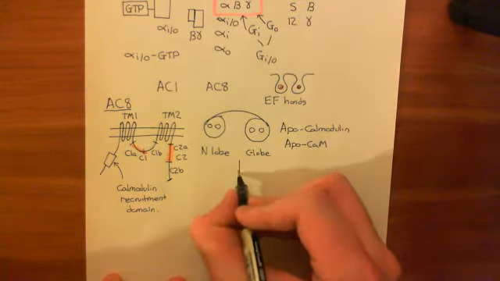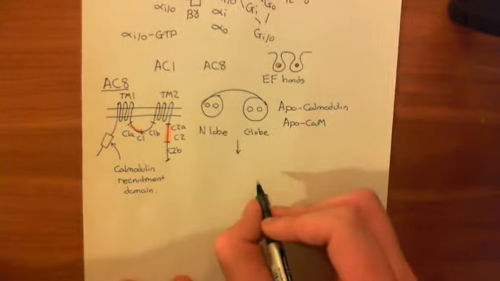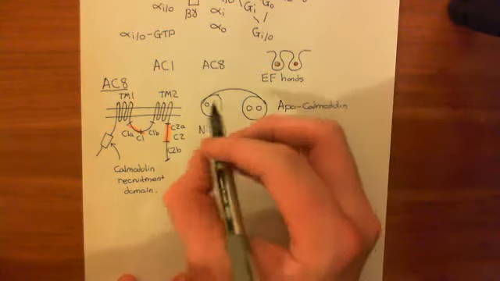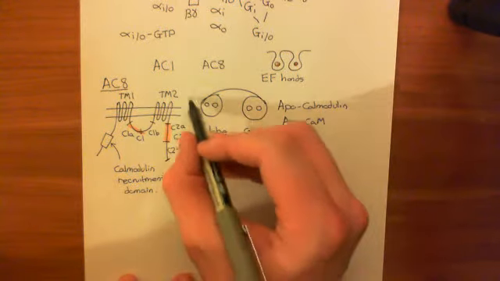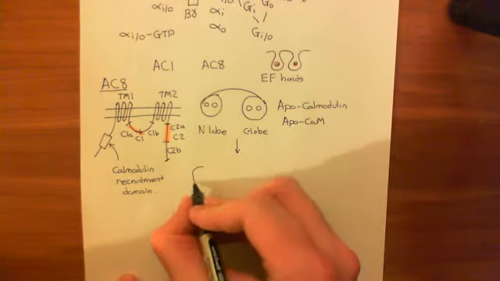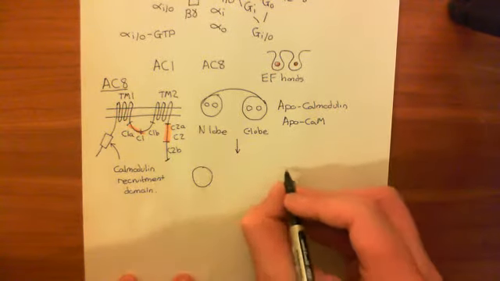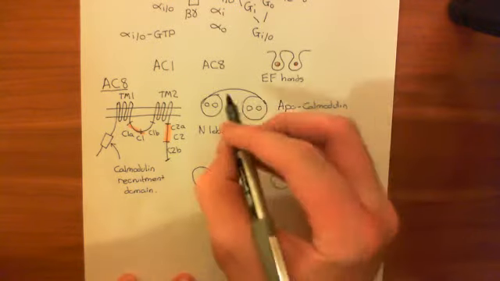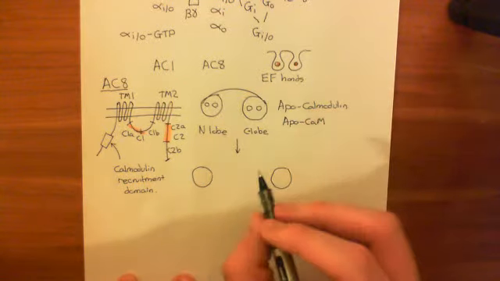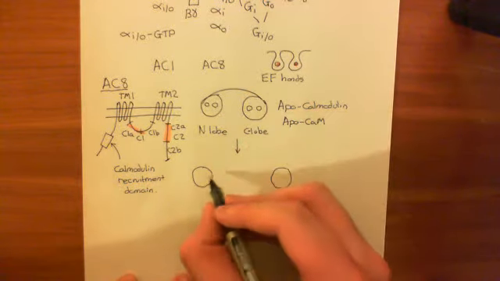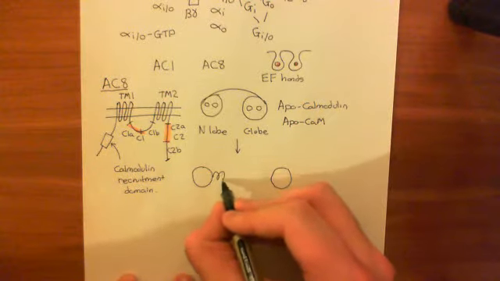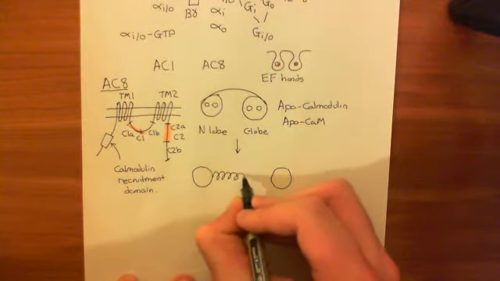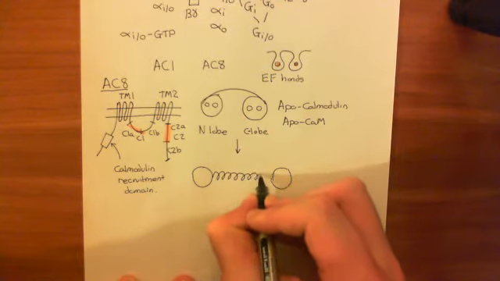When calcium binds, the calmodulin changes its conformation. Firstly, these two lobes move further apart, so it takes on a shape more like this. Also, the linker between the two lobes, which was linear, now takes on an alpha helical structure, like this spring that I'm drawing here.